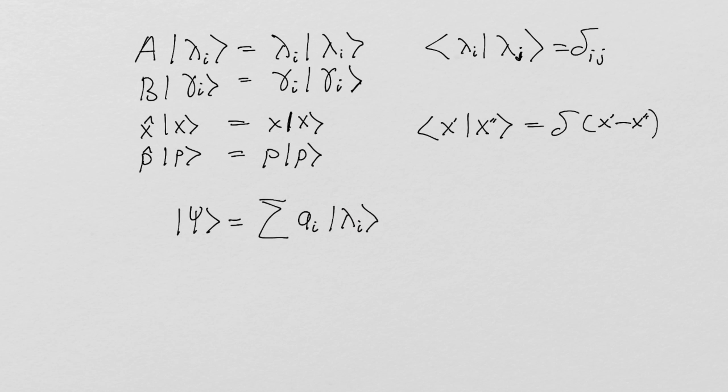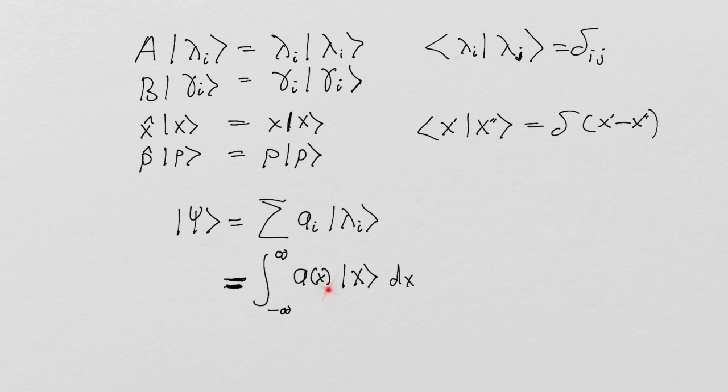Now, the issue is that if I replace this with the continuous observable X, each x gets its own component, just like each ket up here gets its own component. Each ket down here gets its own component. The problem is there's an uncountable infinity of these things, so I can no longer discretize them.